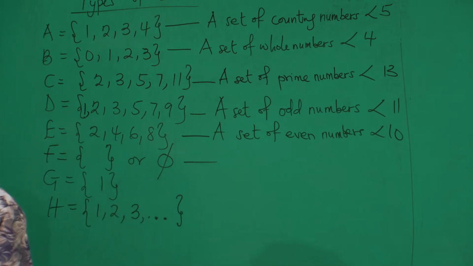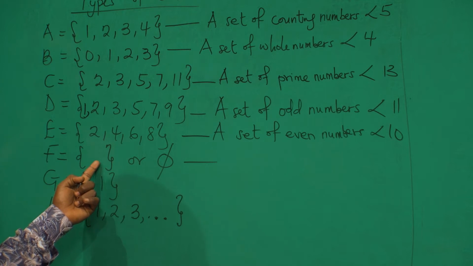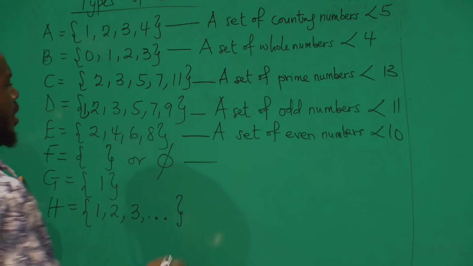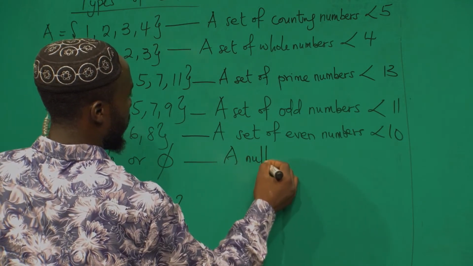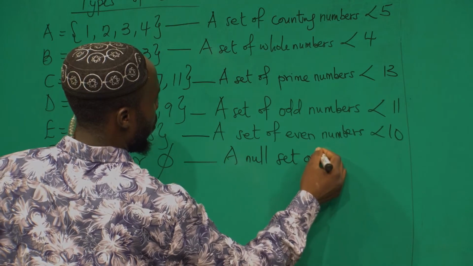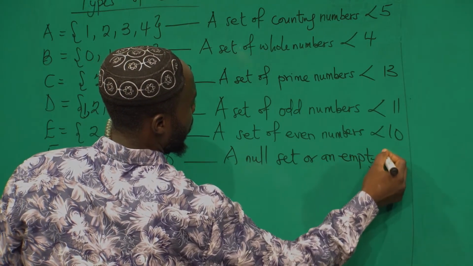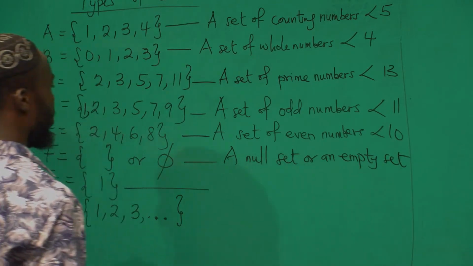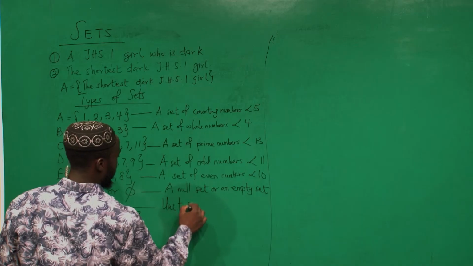Okay, F has a curly bracket without any member or a cancelled 0. This is a null set, or an empty set. And this one has only one member, G. It's called a unit set.